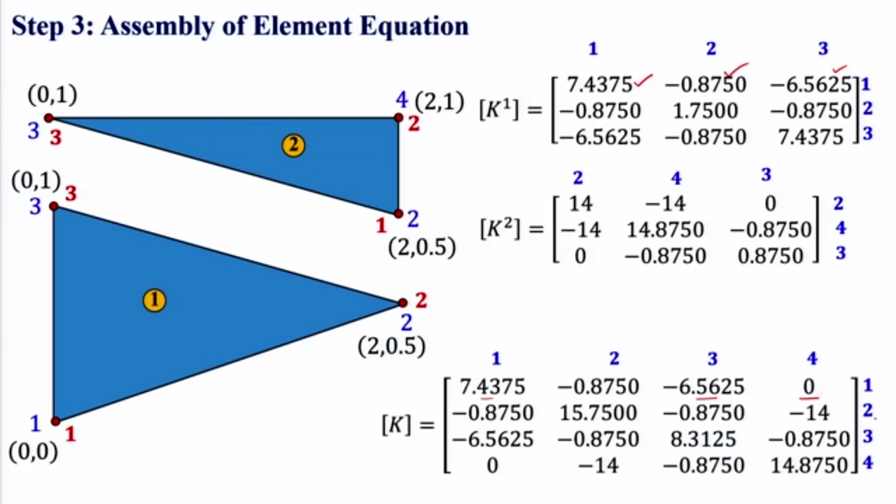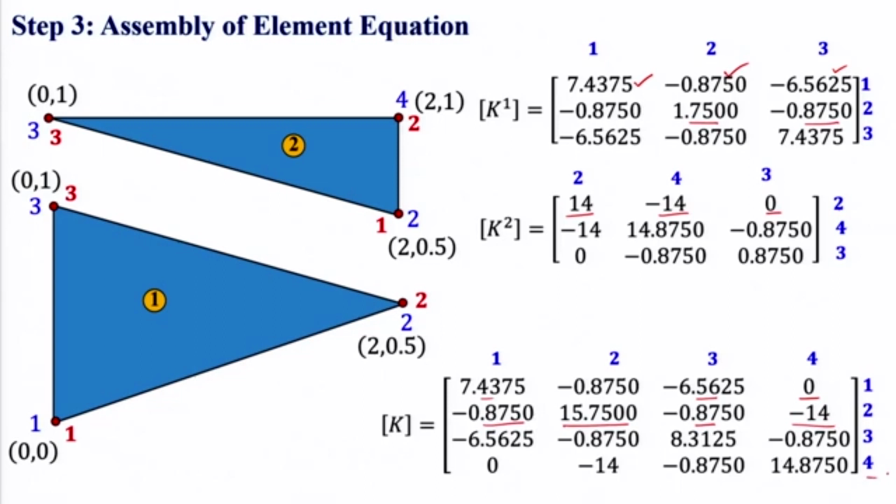Similarly, if we take the second row, 2 1 is 0.8750, and there is no 2 1 in K2. For 2 2, here it is 14 and here 1.75, so 14 plus 1.75 gives you 15.75. Then 2 3 here is minus 0.8750 and in K2 it is 0, so it stays. Finally 2 4, there is no 2 4 in K1, so it will be minus 14.